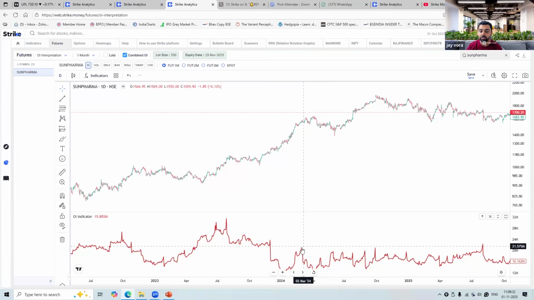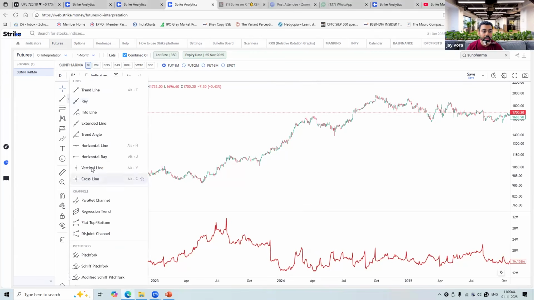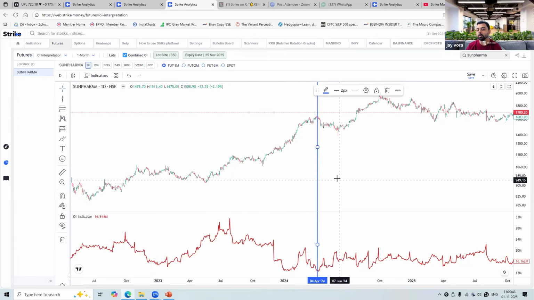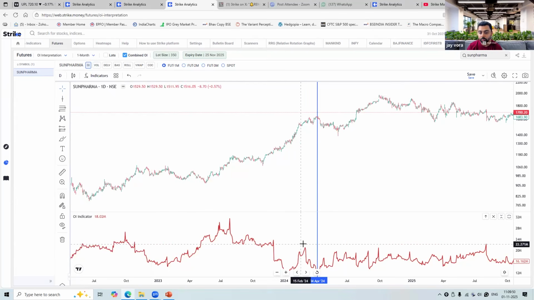See what has happened over here: the open interest was very high, but at this high, the open interest was actually again towards the lowest point. So it makes me wonder whether people are cutting their positions at the top. Those who had formed long positions, are they unwinding and going back to neutral? That is what you will have to see in the data and interpret.